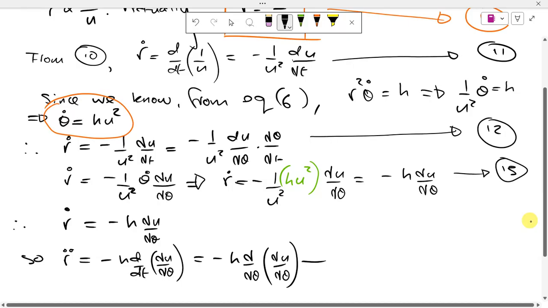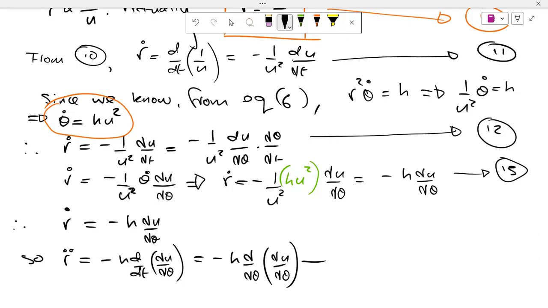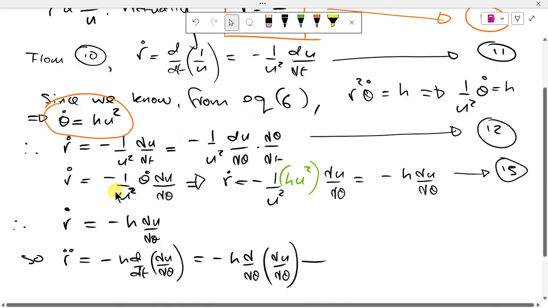times, because we're using the chain rule again, so what we used up here, where you can see the cursor moving around in equation 12, we used the chain rule because we wanted to get the equation in terms of theta, the angle being swept out, rather than the time. And so we're using the chain rule down here again.